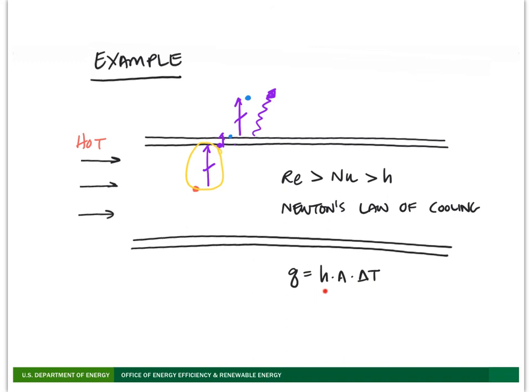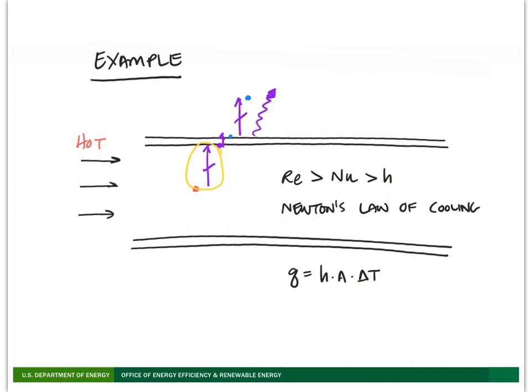So that leaves us with the heat transfer coefficient, which we're going to have to solve as I outlined before. And then, of course, we need to know something about the area and the geometry of the duct in question.